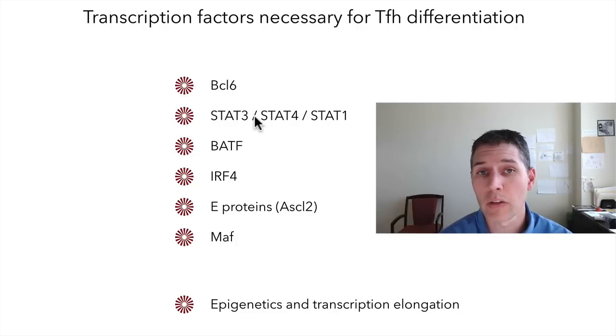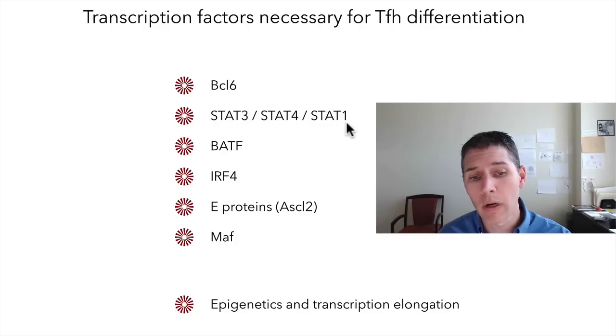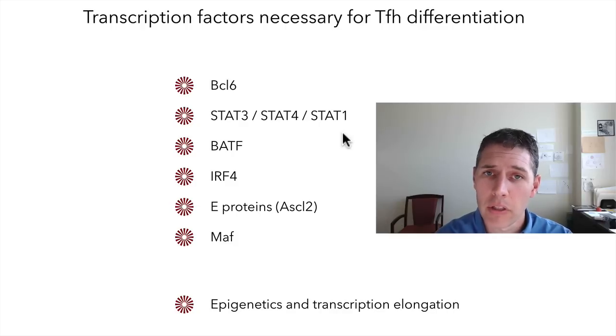STAT3, however, of course, has roles in other types of CD4 T cell differentiation and is not completely restricted to TFH cells. In the absence of STAT3, or perhaps low levels of STAT3, STAT1 can actually compensate for STAT3 function in murine TFH differentiation. And redundancies such as these are probably essential for survival, so that the immune system can recognize and respond to a wide variety of pathogens and conditions, so that escape cannot occur.